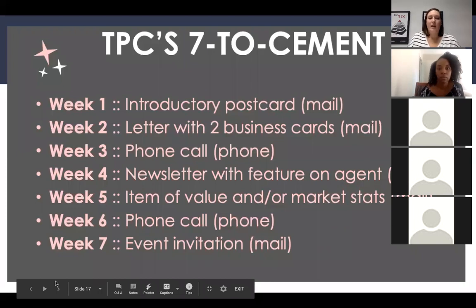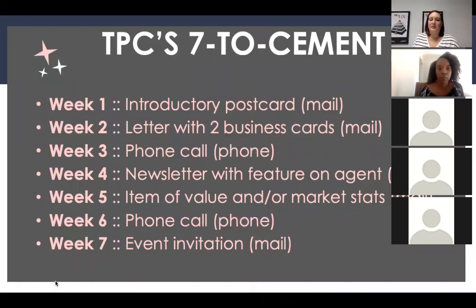Here is how they do the 7 to cement, which is kind of like the 8 by 8, right? So if you're looking at the transition into maybe somebody has been in your database for a while and you've had a conversation about them selling or buying real estate and they haven't really dove in, you can jump into this 7 touches in 7 weeks.